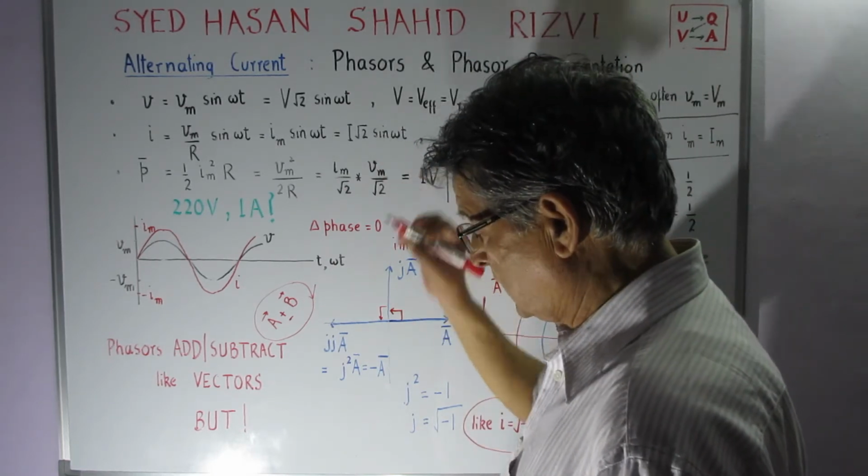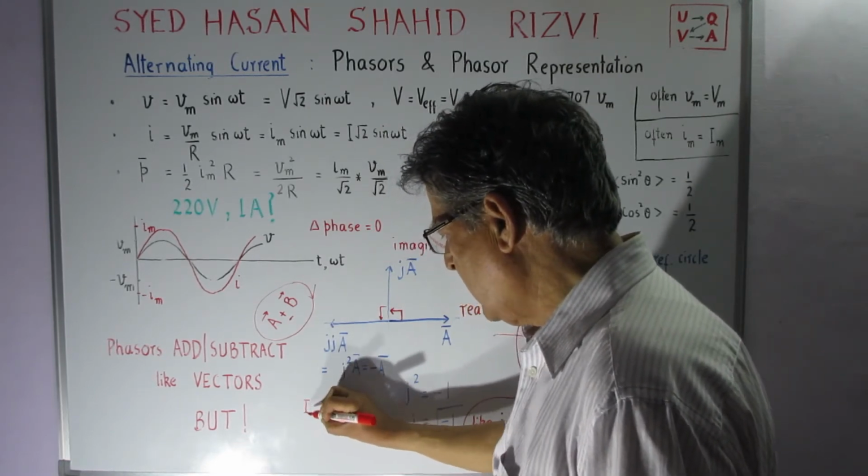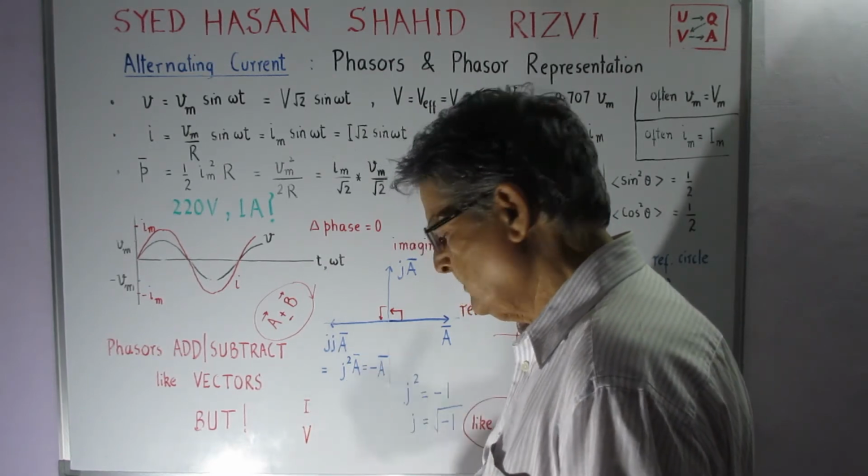So which kind of a quantity? I have my friend I and I have my friend V.